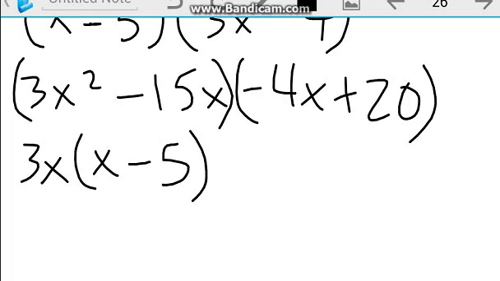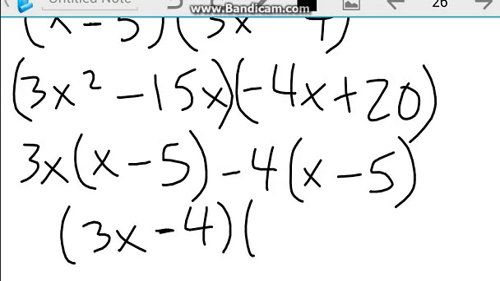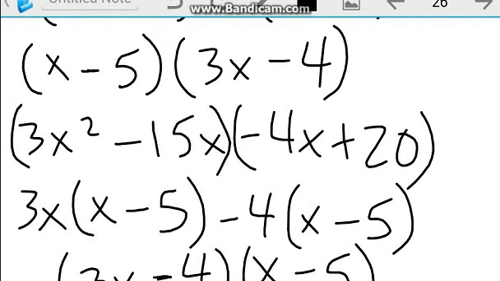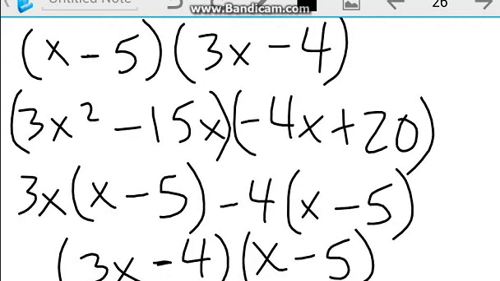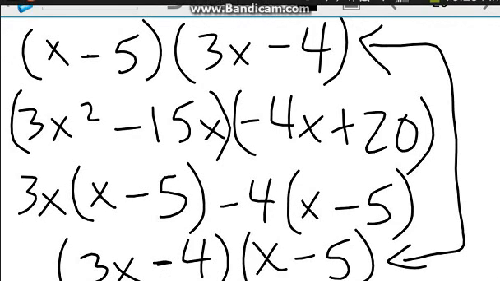And I could pull out a negative 4, and I'll have x minus 5, which is the same as before. If we rewrite everything, we'll have 3x minus 4 times x minus 5, which is the exact same answer, just in a different order. So you can switch the order of the two terms if you need to make it a little bit easier for you to factor.